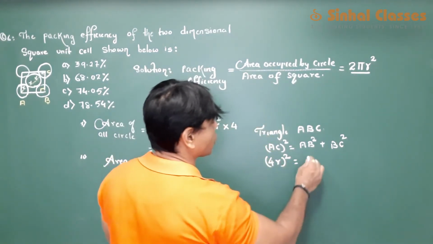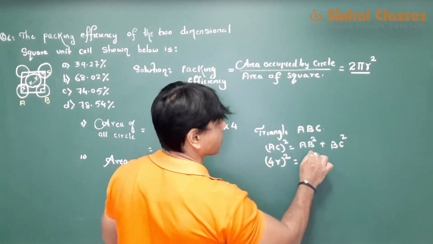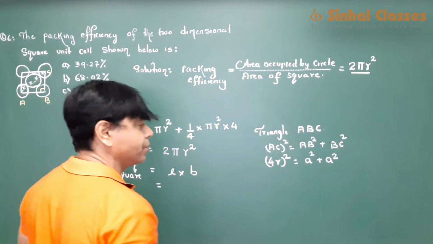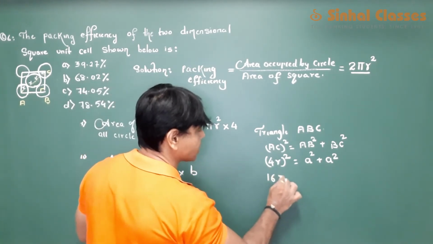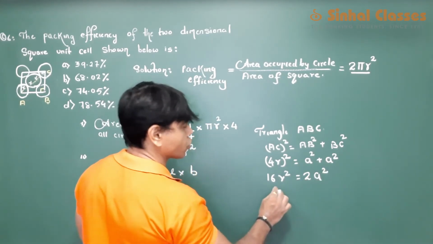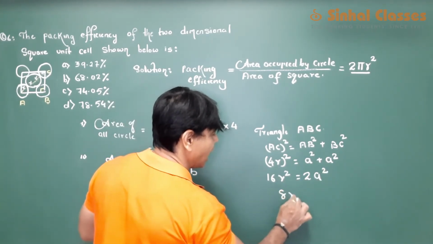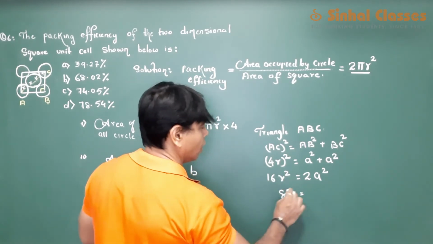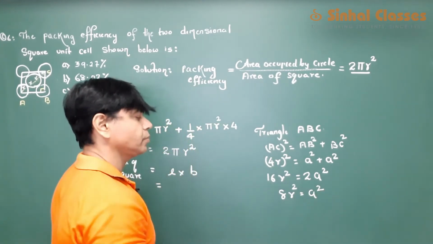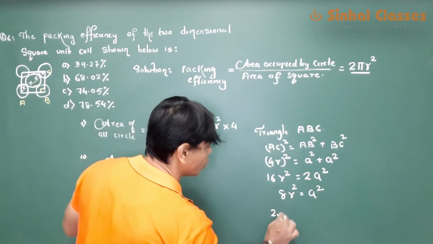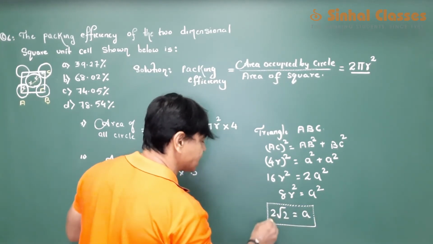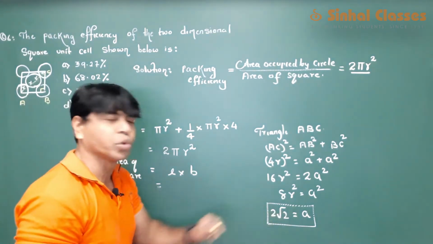So 4r square will be equal to a square plus a square, reason, sides of a square are same. So this will become 16r square is equal to 2a square. So 8r square will be equal to a square. So now a will be 2 root 2 r. So that means each length and breadth is 2 root 2 r.